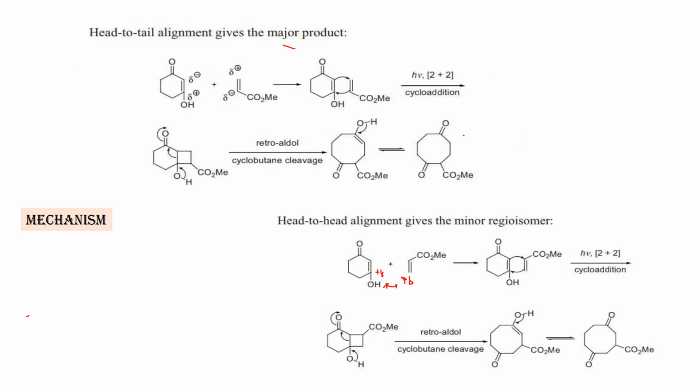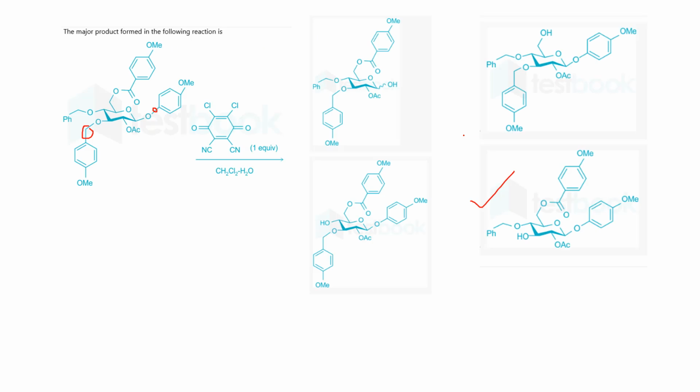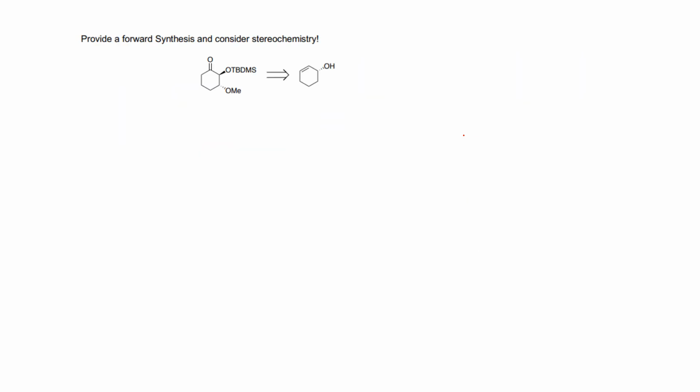Now let's go back to our question we left there. We'll give a forward synthesis of this compound. So for the idea they have given that we have to go from this up to this. So just let's try. What we can do?